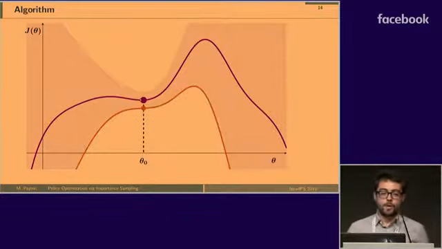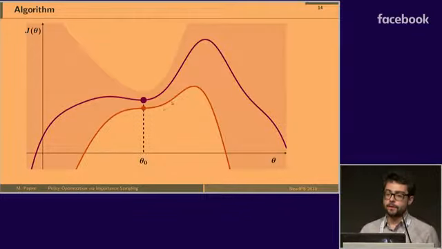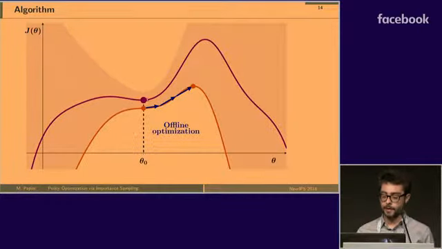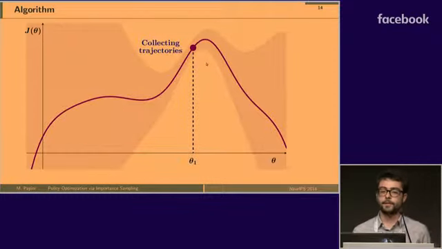So we turn to our bound, which accounts for this uncertainty. We optimize the bound offline, which means we can perform several steps of optimization with the same batch of data. Now we have our new policy. It becomes the new behavioral, so we collect new trajectories with it. And now you see that the uncertainty landscape has changed because we are in a new behavioral. In this version of the algorithm, we also forget about what we have seen before, but more on this later.